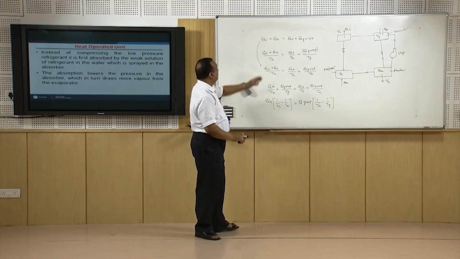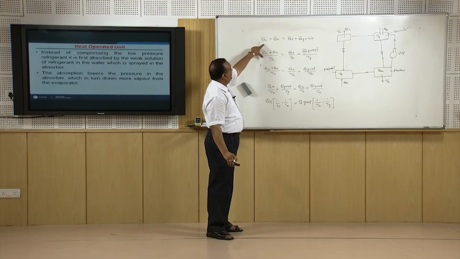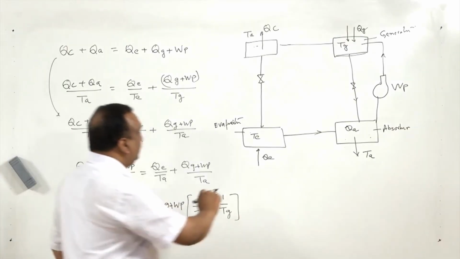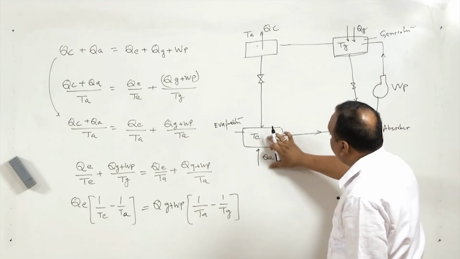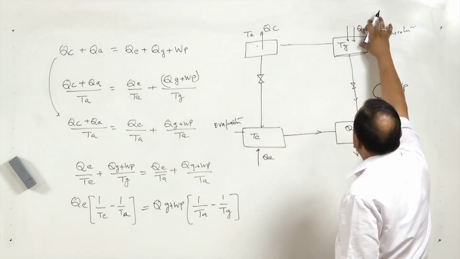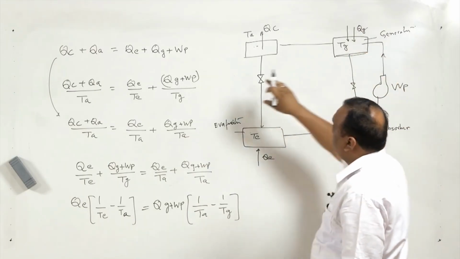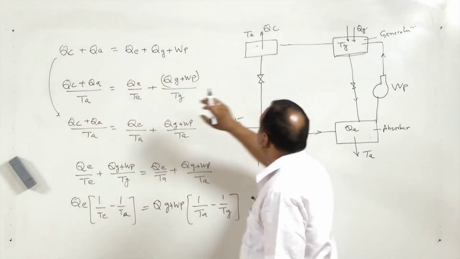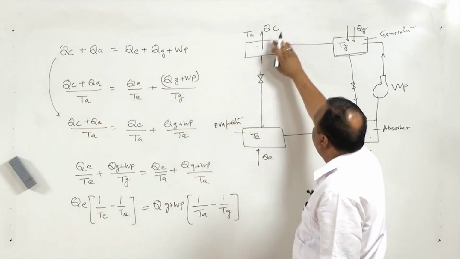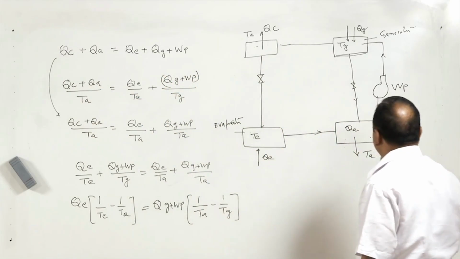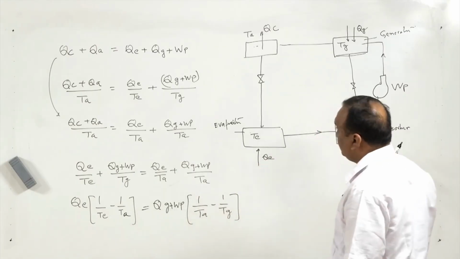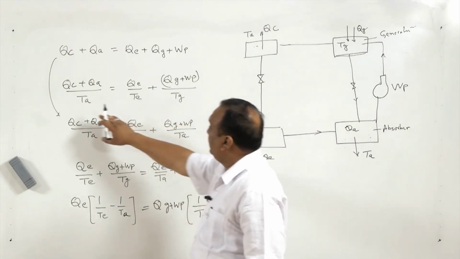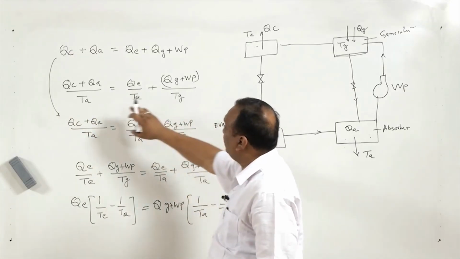Now, I am repeating, I have taken the heat balance, right? Heat coming to the system is QE plus QG. QE means heat taken into the evaporator, heat coming to the generator, and work by the pump is equal to heat rejected. It is the condenser, heat rejected in the condenser, heat rejected in the absorber, because during the absorption process there is heat rejection. We have considered the change in entropy in the respective process.